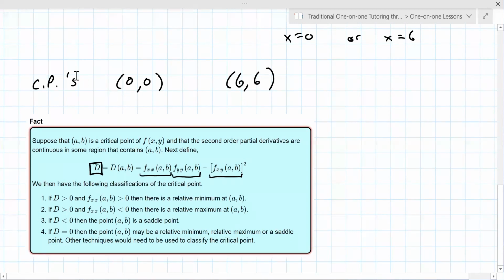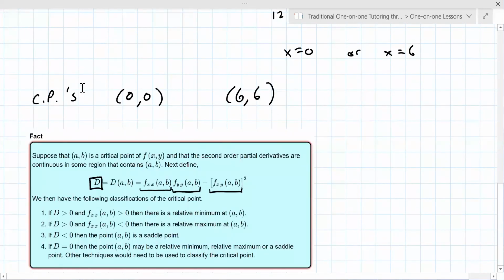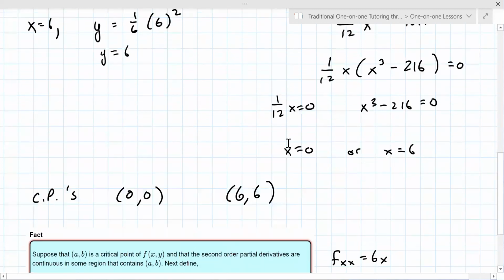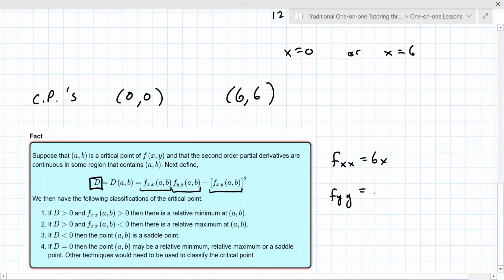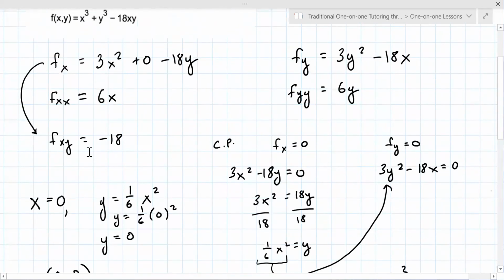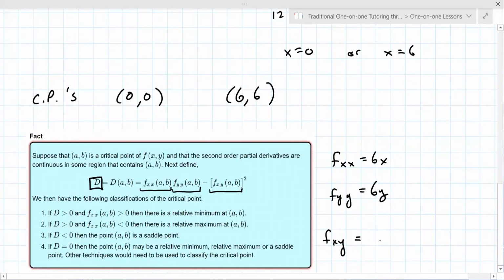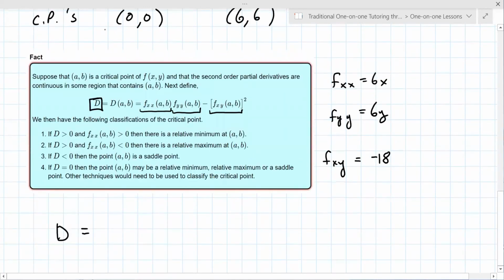Let me just go back and grab the values. fxx is 6x, fyy is 6y, and fxy is minus 18. So you find D for each point.